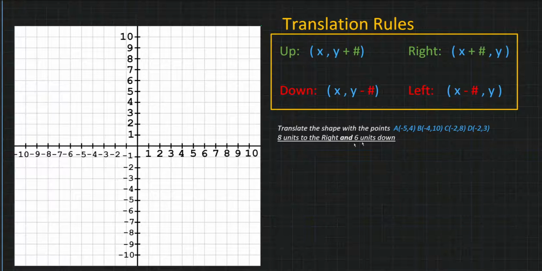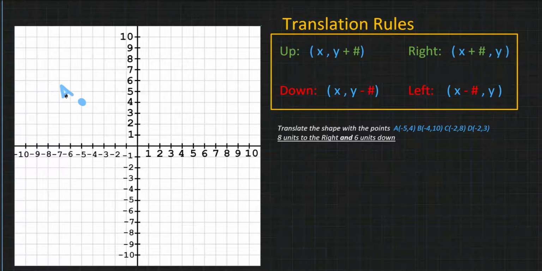First one here is going to be plotting it on the graph and moving it by hand. This is really great if you have a graph. Since we have a graph, let's do it. We'll start here by plotting our first shape, our pre-image points. A, negative 5, 4. So negative 5, positive 4, right here.